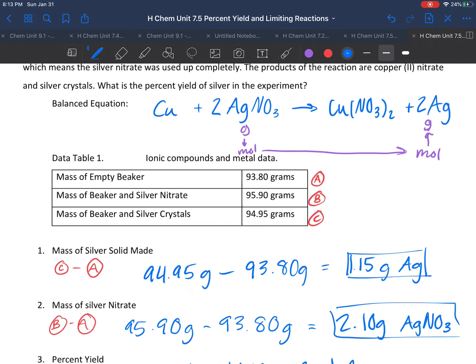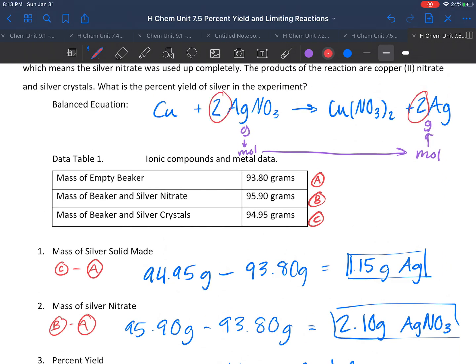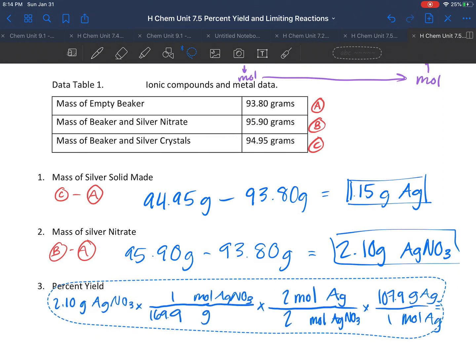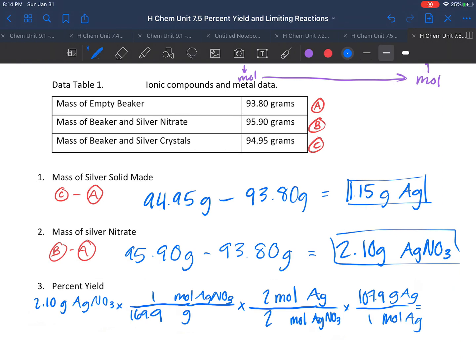So I'm just grabbing the coefficients here. And then lastly, we have to go from 1 mole of Ag to grams of silver using its molar mass, which is 107.9. We end up getting 1.33 grams of silver. So this is our theoretical amount.